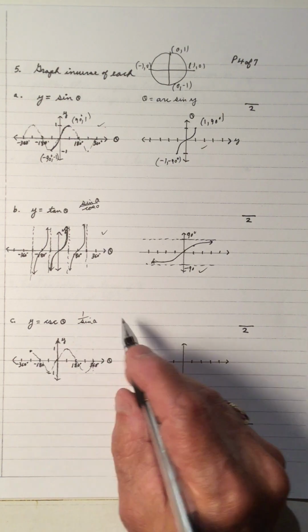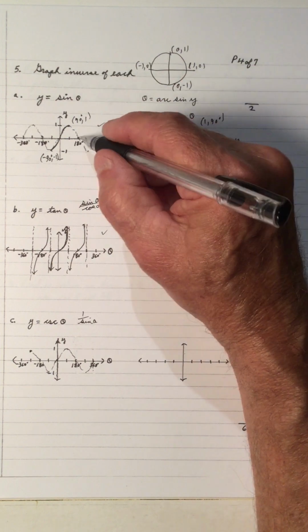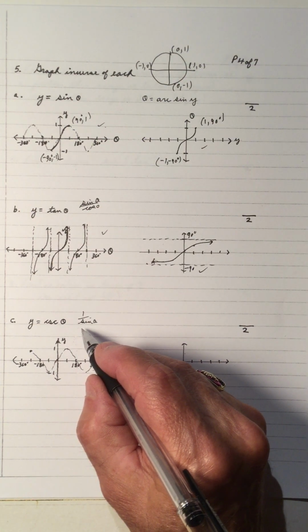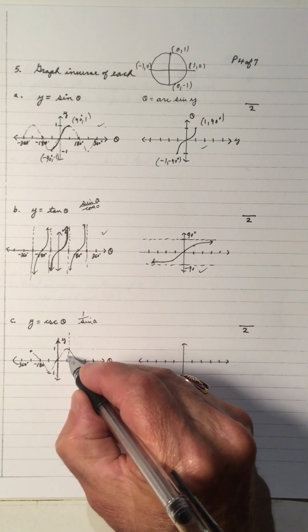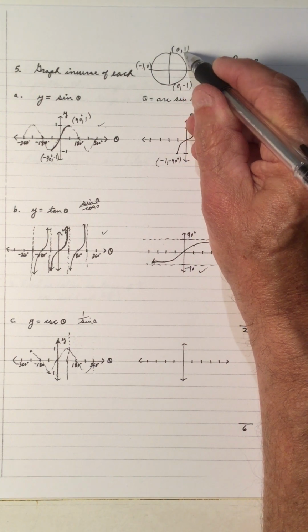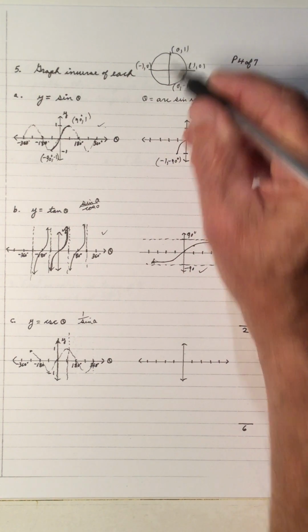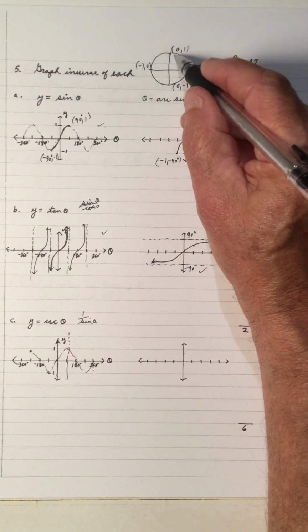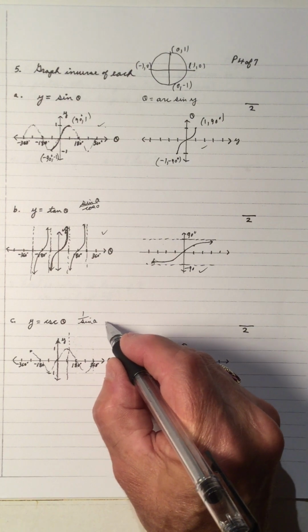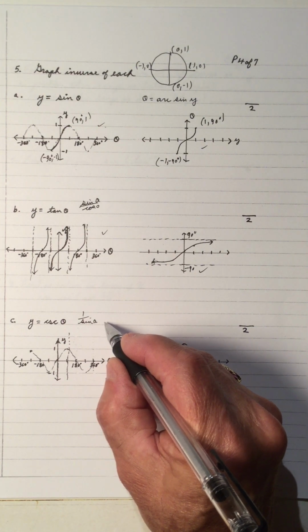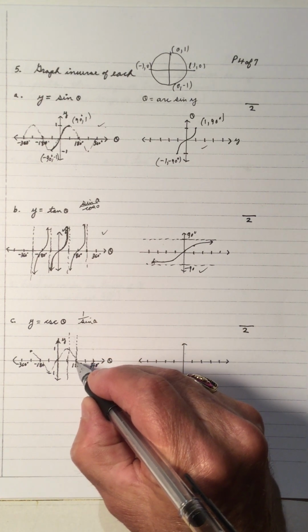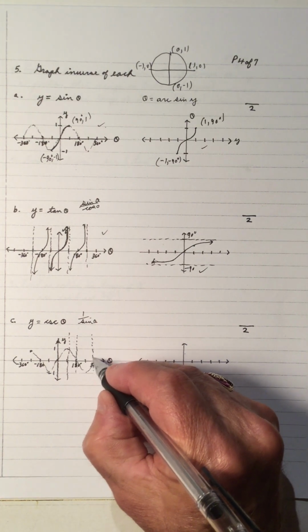Okay, and now it's restricted. The sine can't be 0, so cosecant is undefined where sine is 0, and that's at 180 and 360.